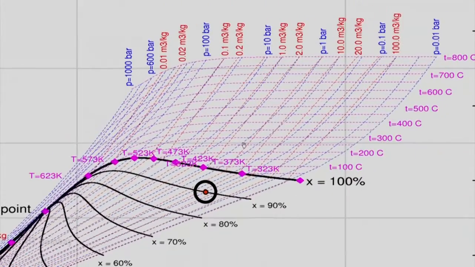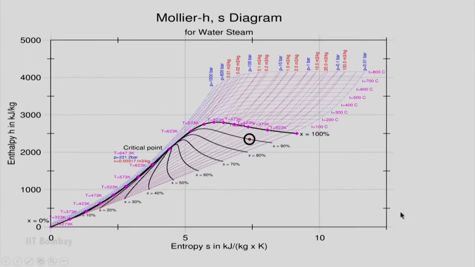One can also read various other properties like specific volume, etc. One can get all these values from here by drawing horizontals and verticals. So, I can say that the entropy could be around 7.3 or 7.4, and this is 2350 and this is 7.4.